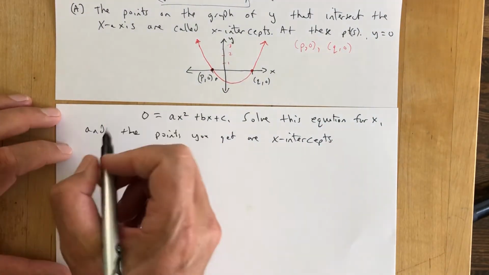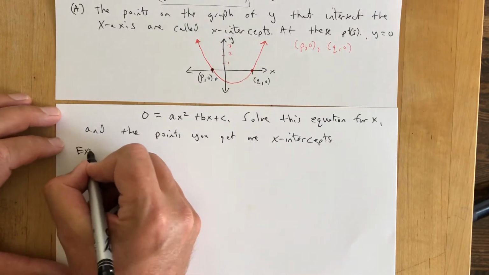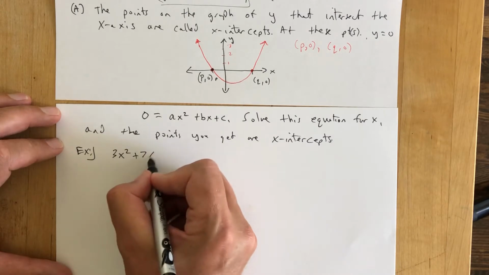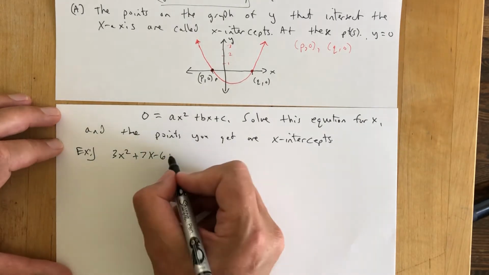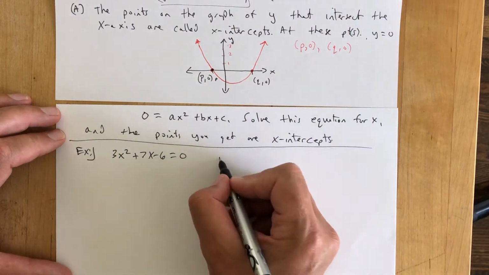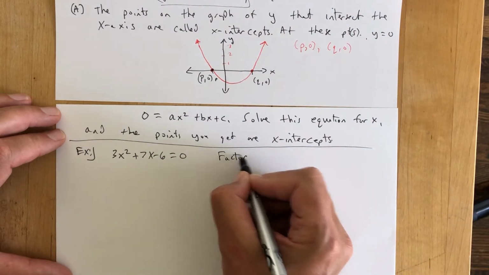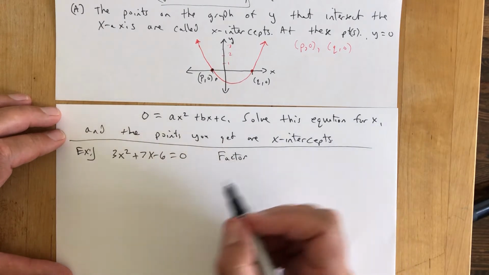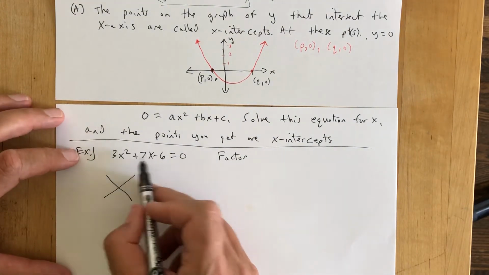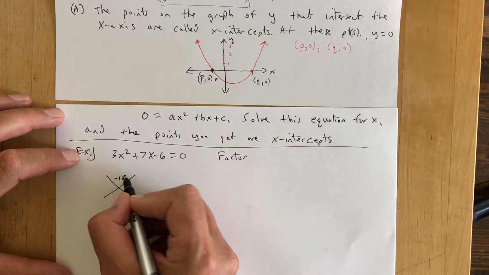Okay, so returning to our example from the remark above, 3x squared plus 7x minus 6. We want to find the x-intercepts of this, so we set it equal to 0. And now we factor. Okay, let's see here. I need to do some work. 3 times minus 6 is minus 18.